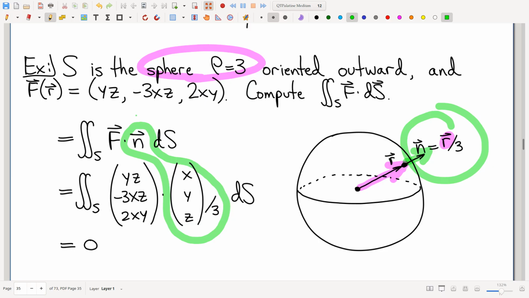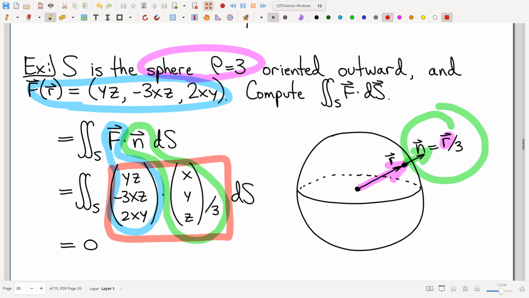The heads up for stuff like this: now, does this work to our advantage? Well, we happen to have been given the vector field here. In this case, this dot product happens to be exactly 0. And so in this case, this was a big payoff. In general, it isn't necessarily. It may or may not.